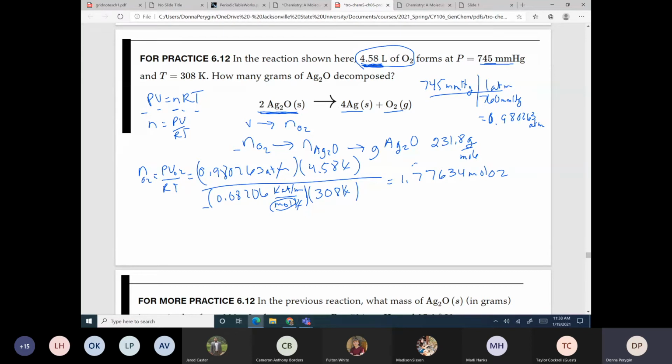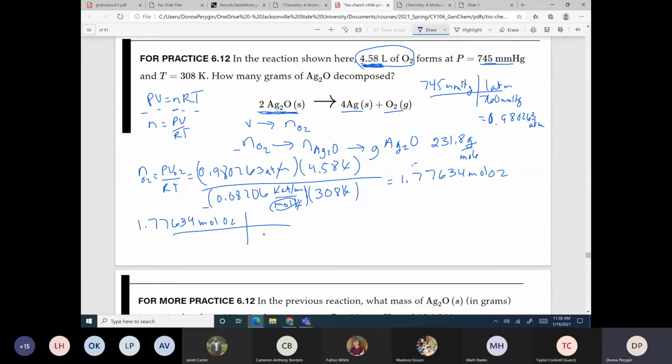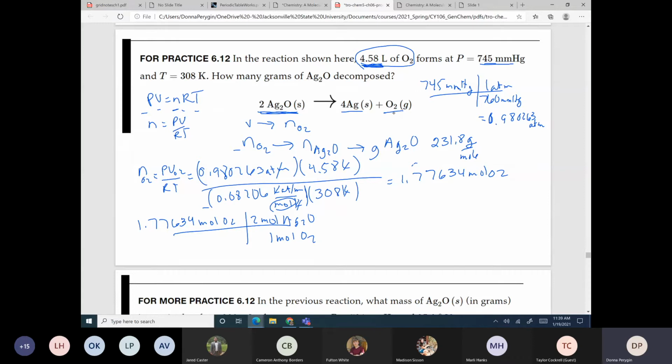So we don't have moles of silver oxide yet. So we've got 1.77634 moles of O2, and we've got 2 moles of Ag2O to 1 mole of O2. That comes from the balanced equation, okay, 2 to 1.